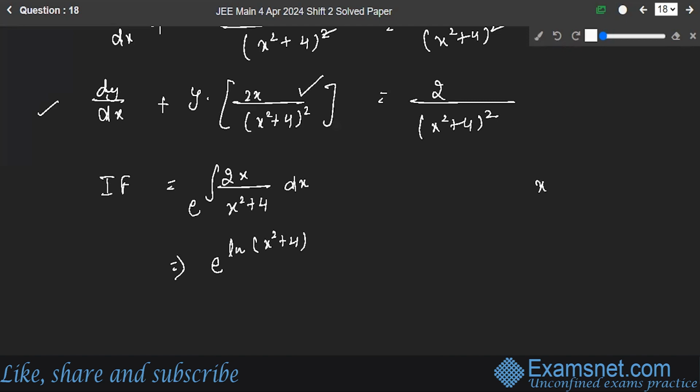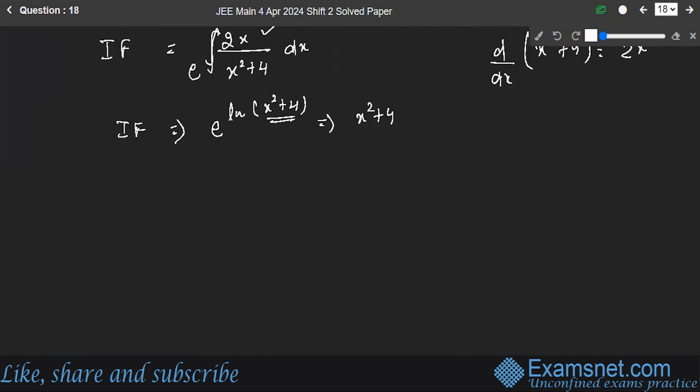Why? Because the derivative of x² + 4 is equal to 2x, which lies in the numerator, so I will have log of the denominator as the answer. So e raised to power log of something is equal to that term only. So this is your integrating factor, x² + 4.